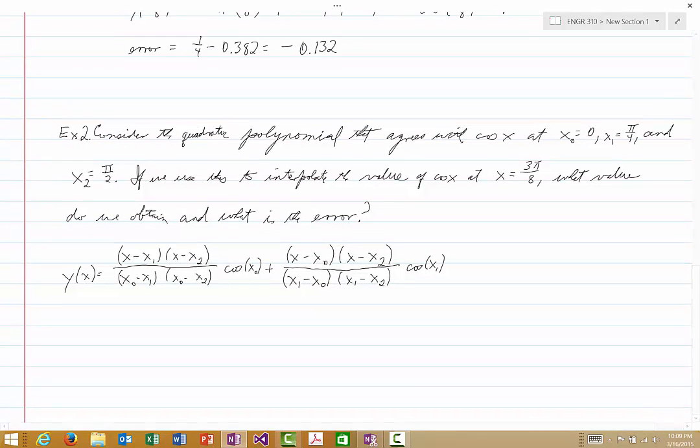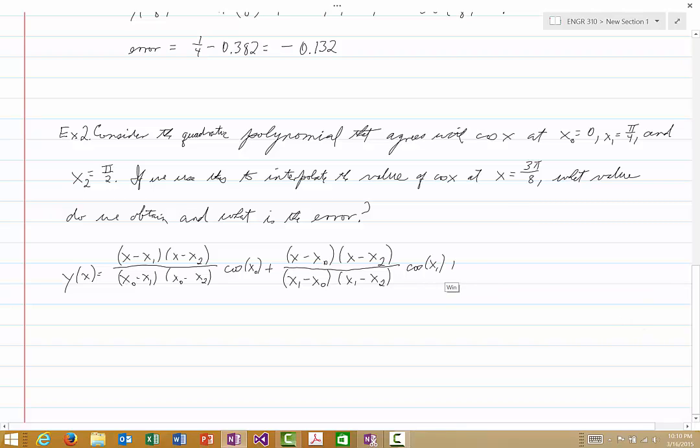And you see how that one will work. When x is equal to x1, we have x1 minus x0 canceling with this x1 minus x0, x1 minus x2 canceling with this x1 minus x2. So this coefficient is just equal to 1 here, and we get cosine of x1. But if x is equal to x1, this drops out, and we'll see also the last one will drop out as well.